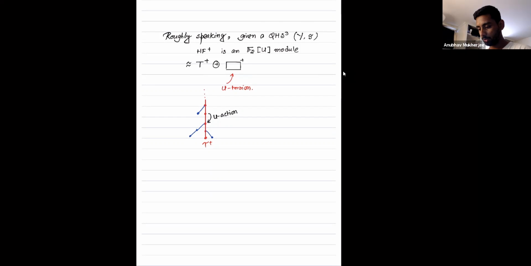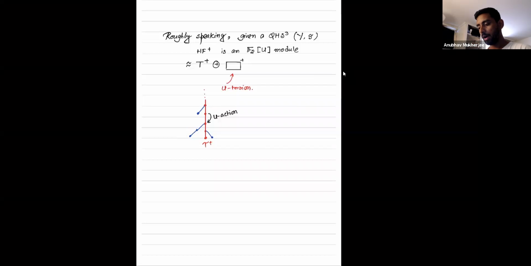And the U action sends each element down by degree 2. So you can think of it this way: the U action preserves this tower, whereas after sufficiently many times the U action sends these elements to 0.